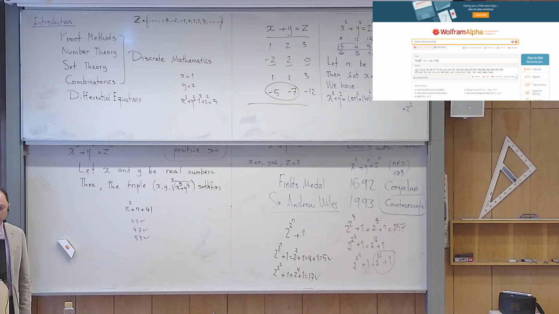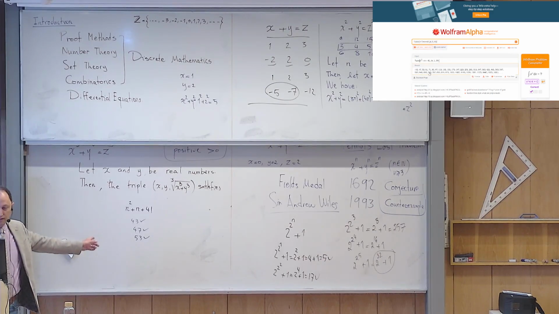Oh, sorry, this is not 1, this is 41. So you see, I change n with 1, the answer is 43. I change n with 2, the answer is 47. And if you continue this list, you will see that.